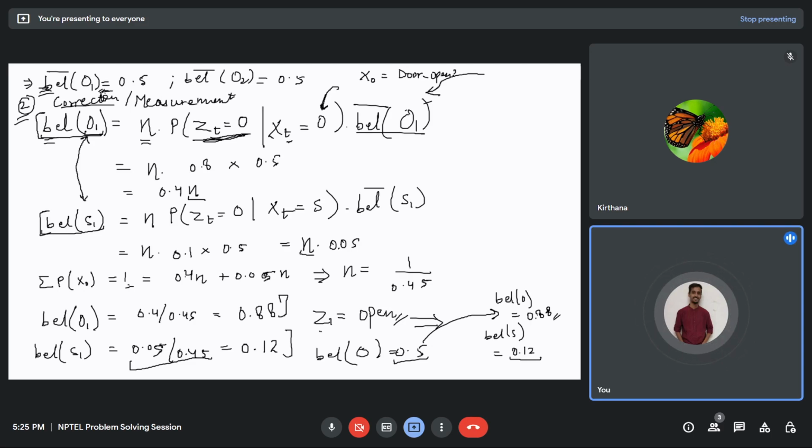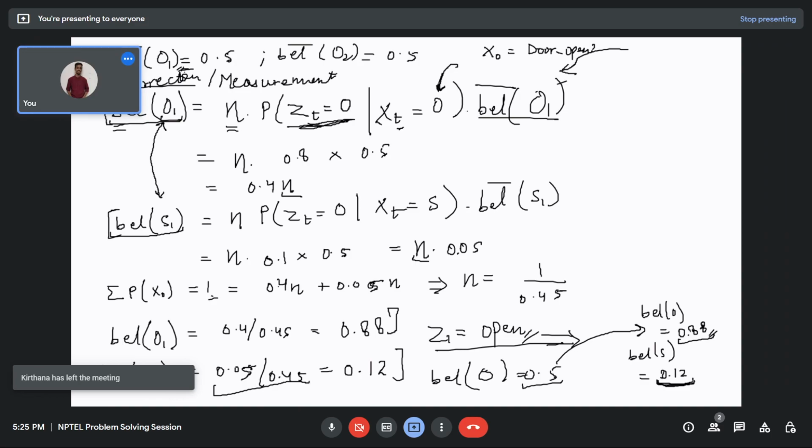So after one measurement, we are pretty sure that the door might be open, and there is a very low probability that the door is closed. But there is still some probability that the door is closed, and that will always be there in the case of probabilities. No probability can be zero if it is non-zero at some point of time.